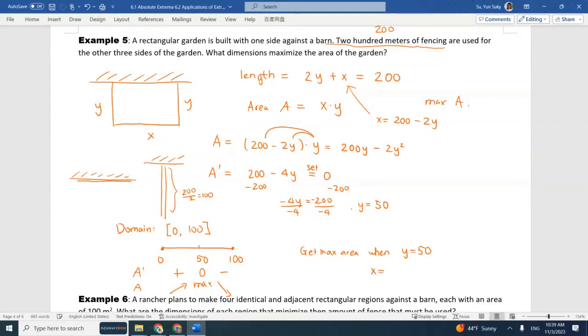What is x? Yeah, 200 minus 2 times 50 is 100. So far, so good, everybody? Yes. So this is example 5.